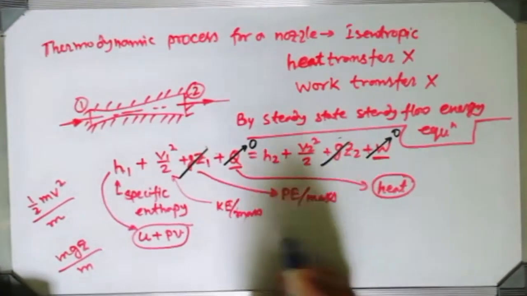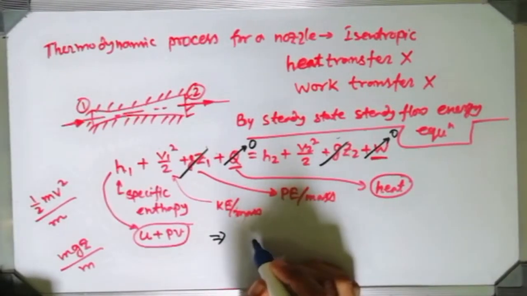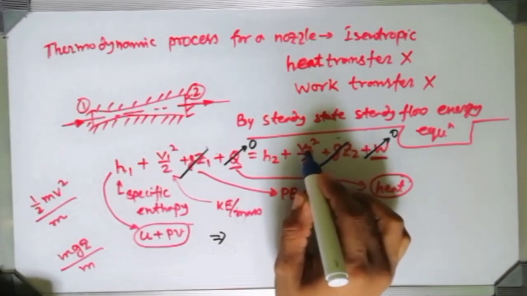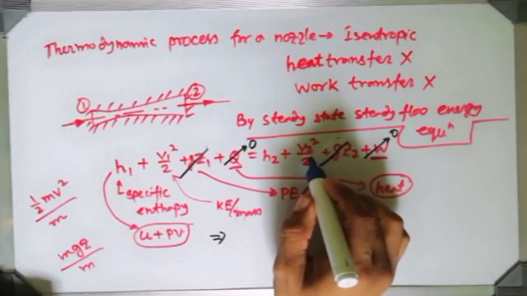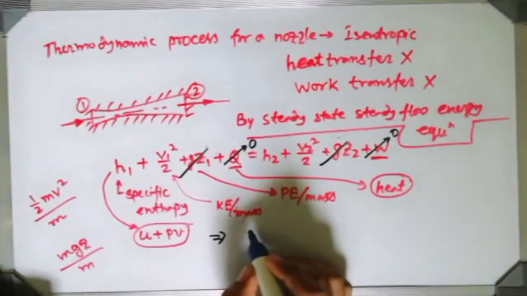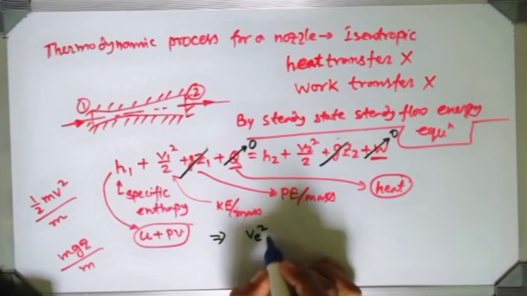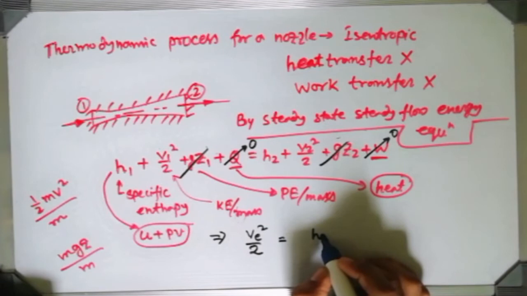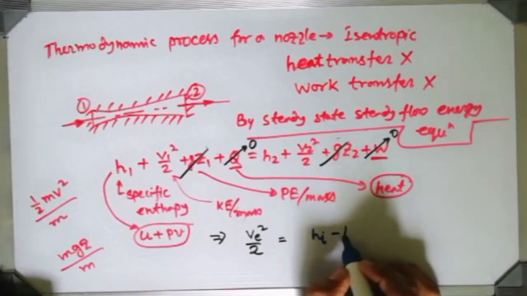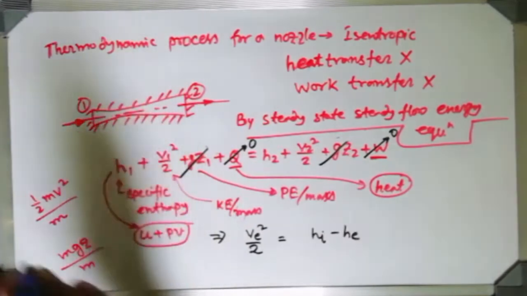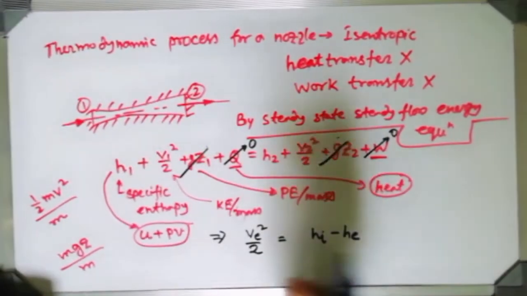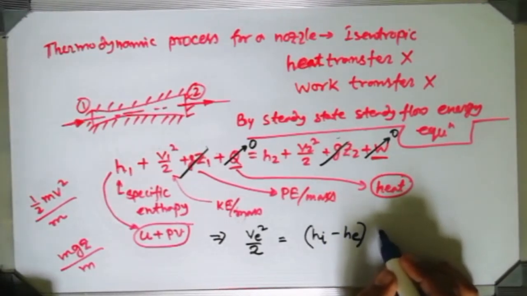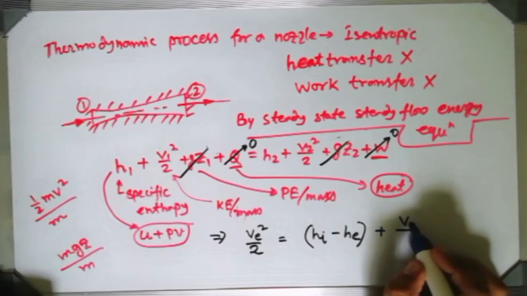So the equation will be converted like this. Suppose I use this V2 in terms of VE, it will be easier. VE means exit velocity. So it will look like this: VE square by 2 equals HI minus HE. HI means the enthalpy at the inlet, HE means the specific enthalpy at the exit, and plus VI square by 2.